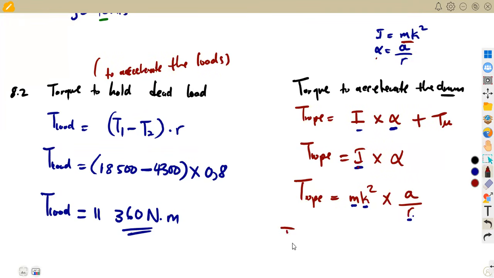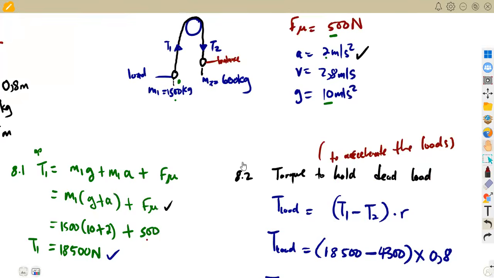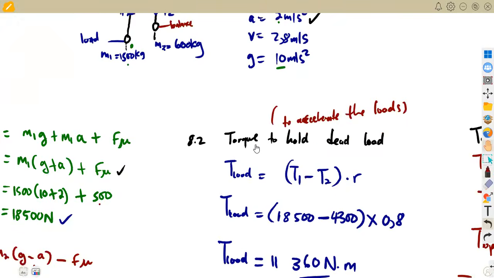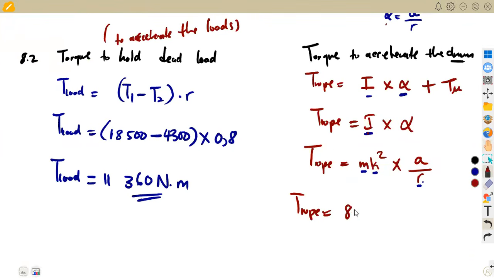So our T rho is going to be the mass of the drum. We have everything on this part, so we just take the drum. We said the mass of the drum is 800 and k is 0.5. So it's 800 times 0.5 squared times the acceleration over the radius.